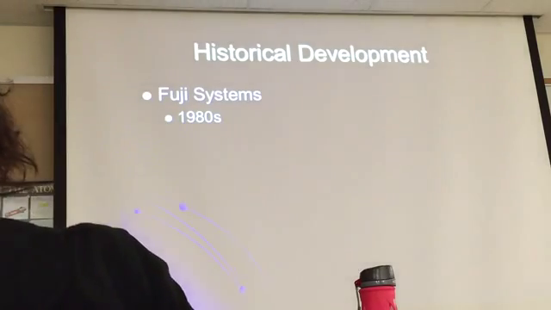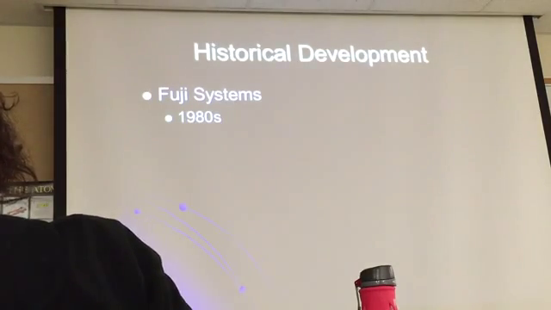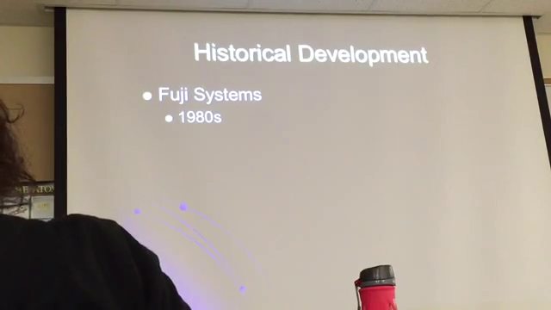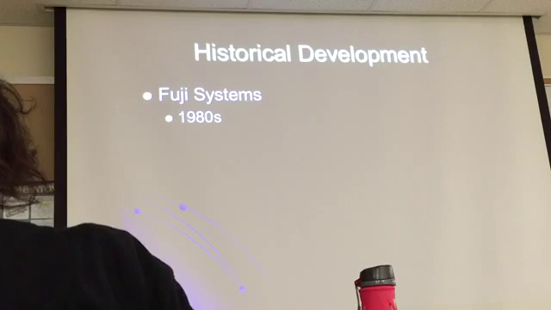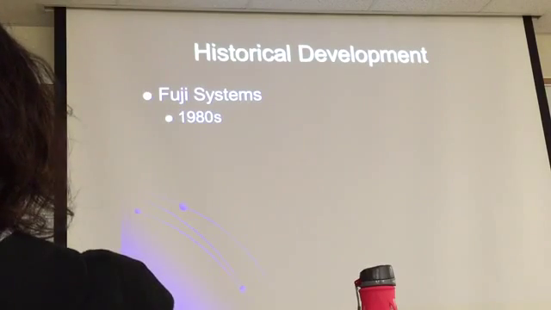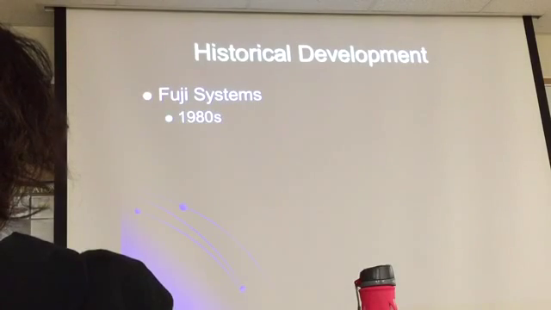Kodak sells the patent, sells the technology to Fuji. Fuji begins to work on it, and by the early 80s, I think 83, 84, they already have the first digital systems installed in Japan. Not only developed them, but they had them in a hospital in Japan.